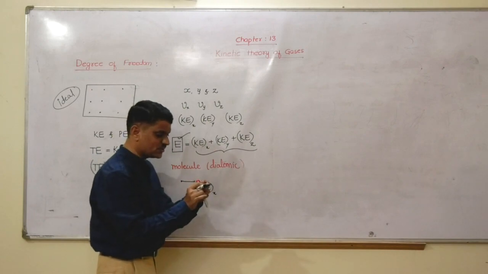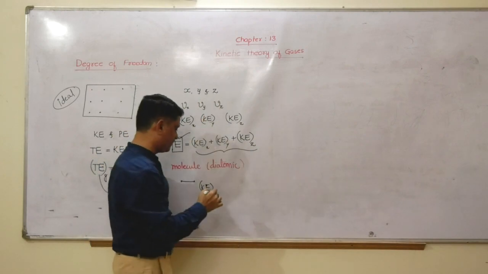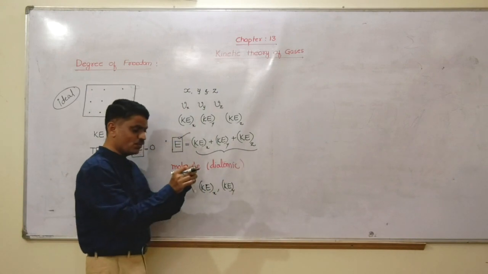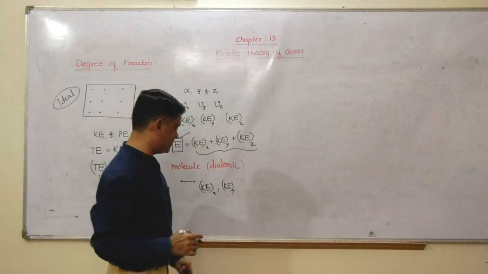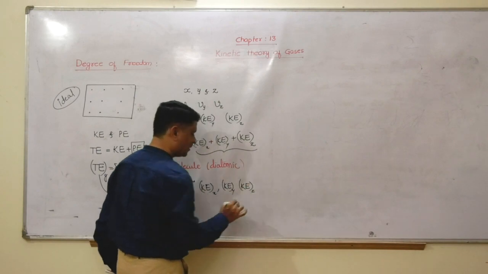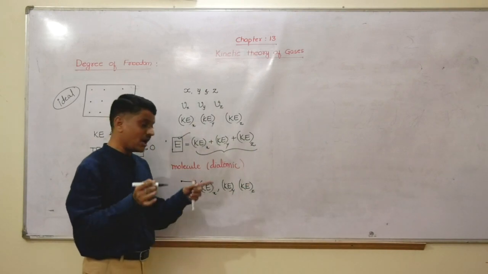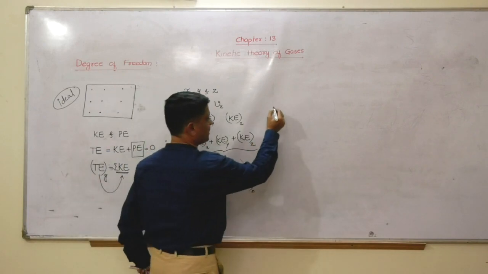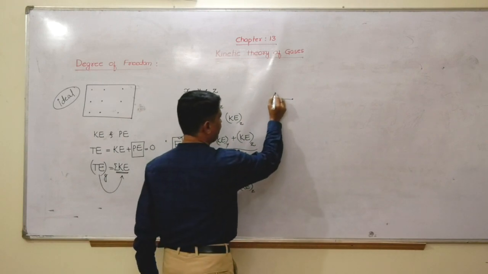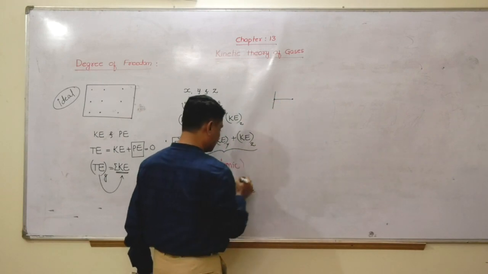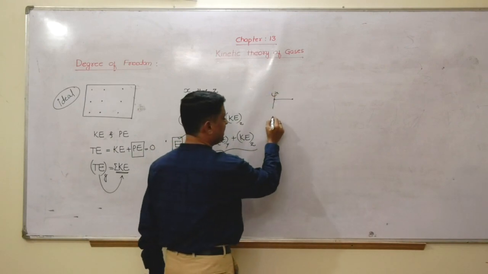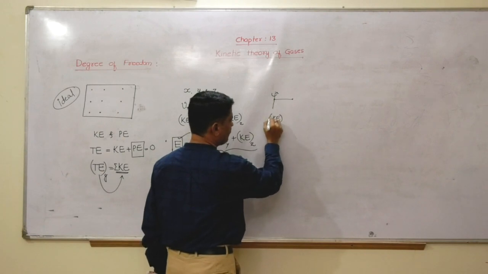These 2 atoms together move along the y-axis, means it has kinetic energy along the y-axis. The 2 atoms together move along the z-axis, therefore it has kinetic energy along the z-axis. Along with these 3 kinetic energies, whenever we have a diatomic molecule, along with this translational motion, it can rotate also. Therefore, it has a rotational kinetic energy.